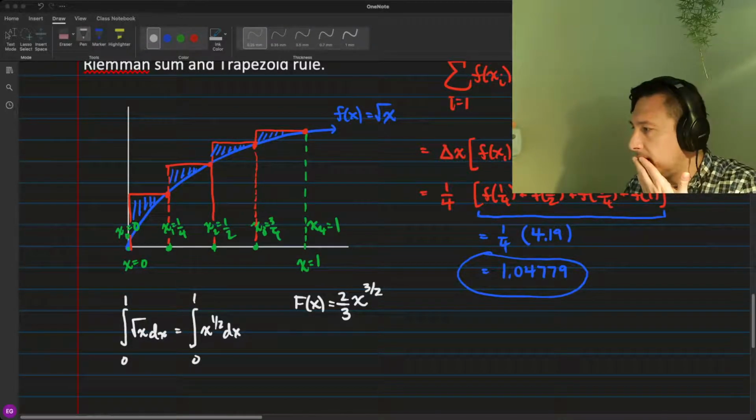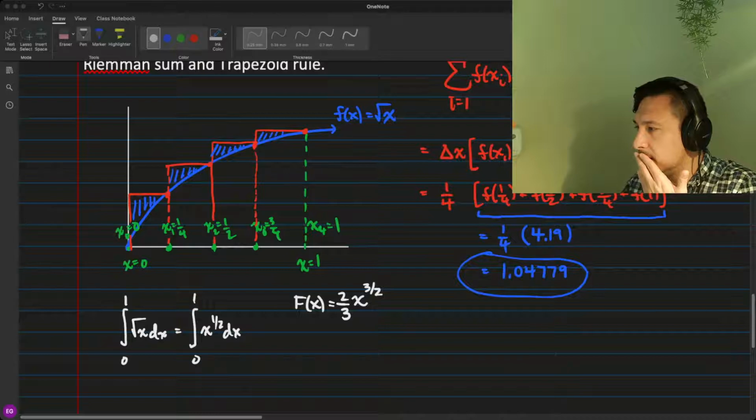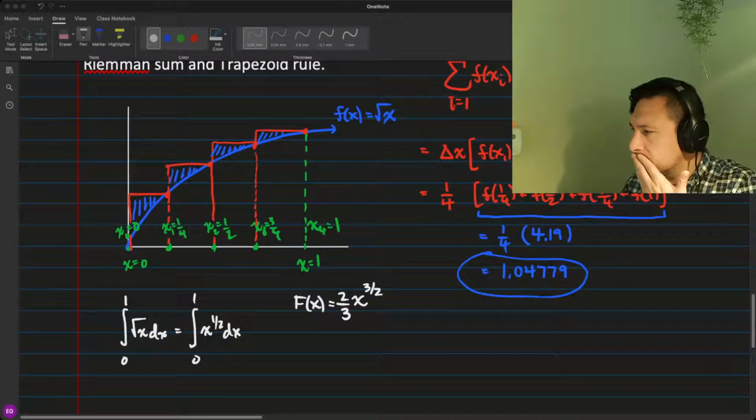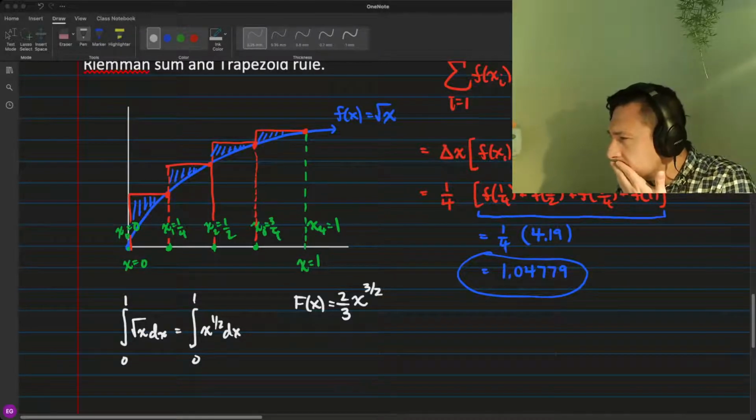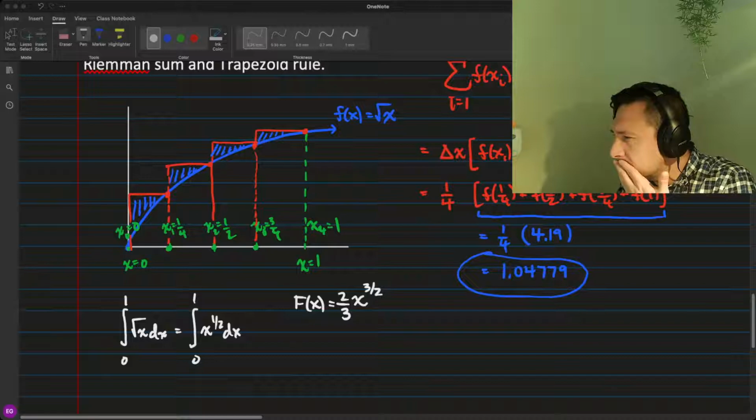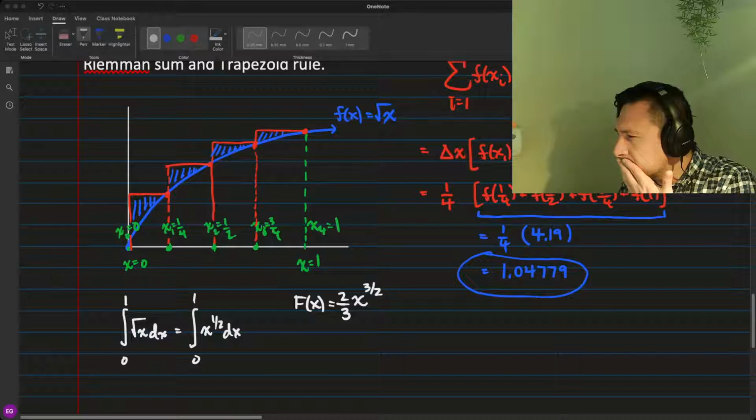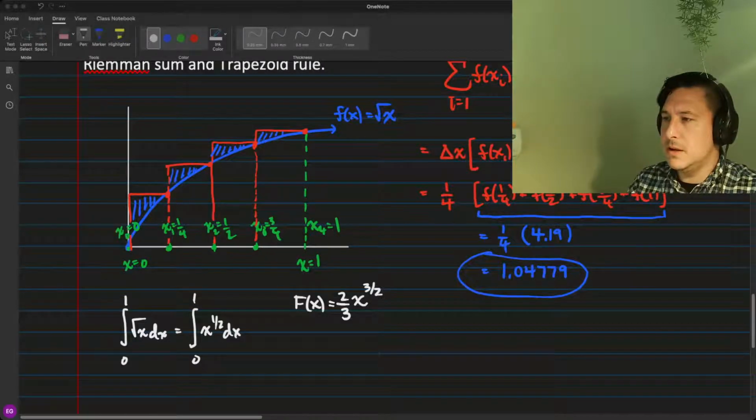I want to figure out why that didn't work as I thought it should.